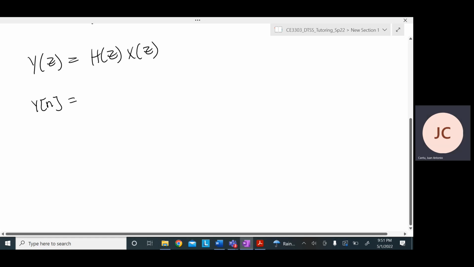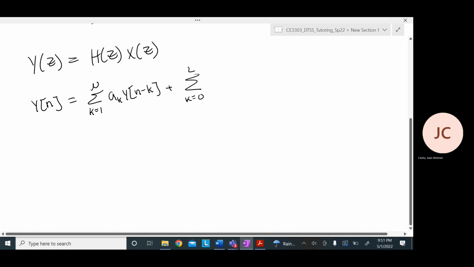A general form for a difference equation is y of n is the sum from k equals 1 to N of a sub k y of n minus k, let me actually put that in brackets, plus the sum from k equals 0 to L of b sub k x of n minus k.